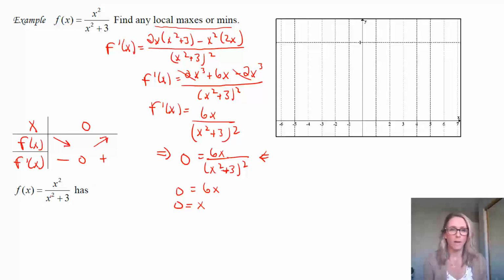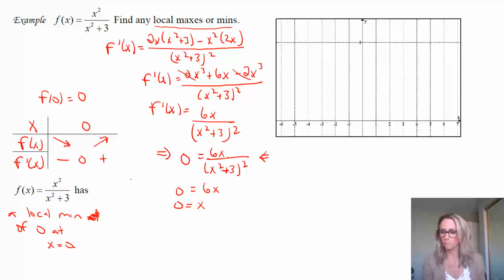So it does tell us that this function has a local min, and because x is 0, we would also want to find f of 0. As you can see, you'd end up with 0 over 3, which is just 0. So this function has a local min of 0 at x equals 0.